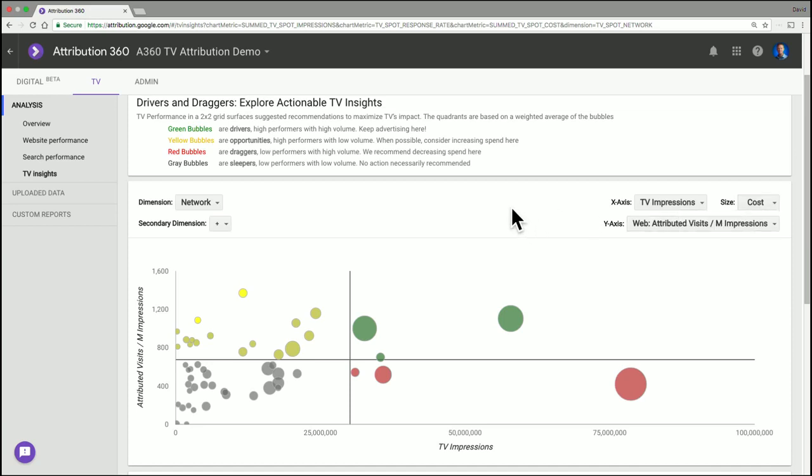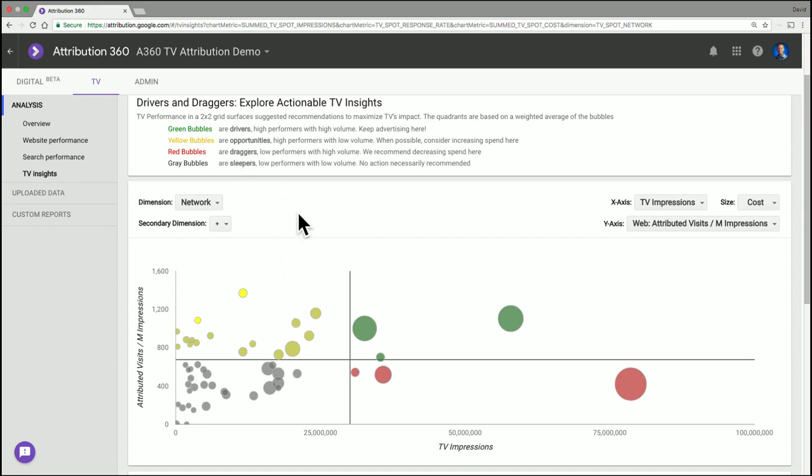So what we're looking at here is the performance of our networks. Everything in the top right corner are networks that have both high volume and high performance, and those are what we call our drivers. Everything that's yellow is above average in performance but below average in volume, and these are opportunities.